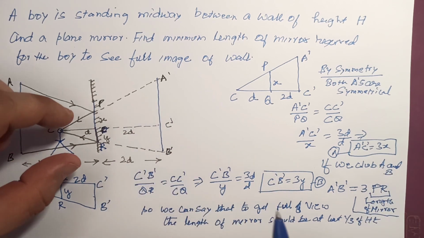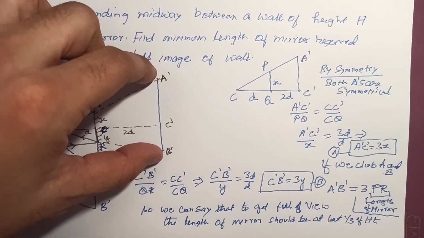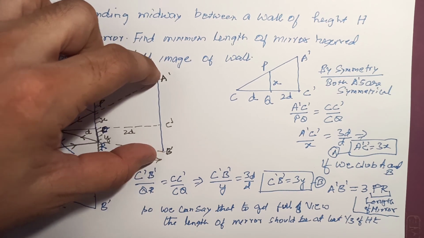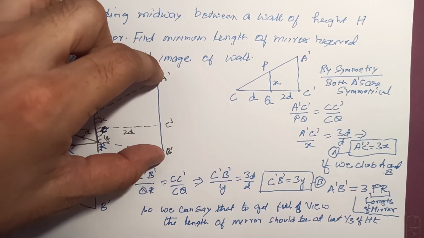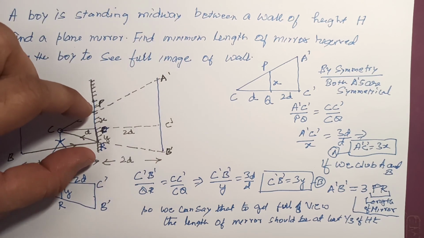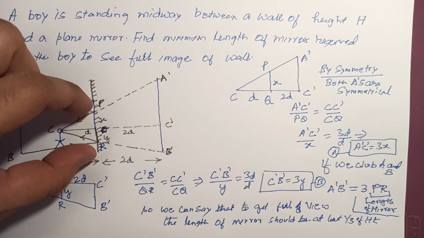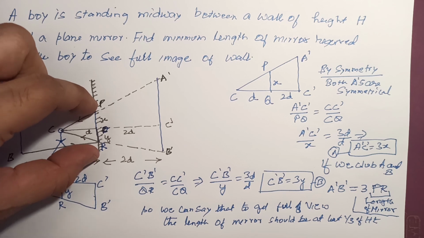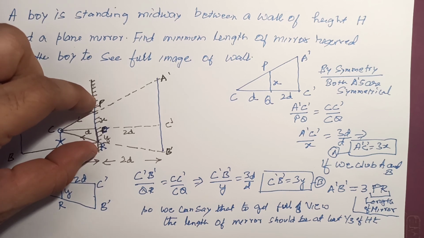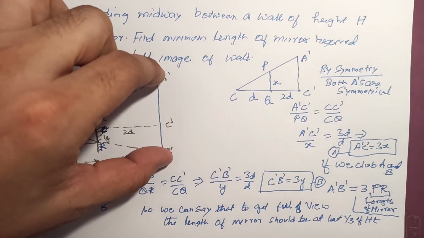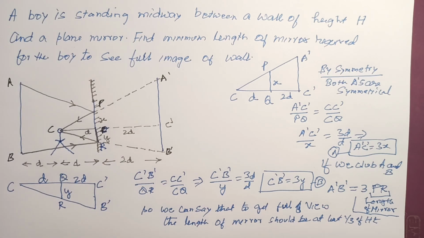So the mirror needed to see the entire image of the wall should not be less than 1/3 of its height. So that's the proof. Yeah, thank you.